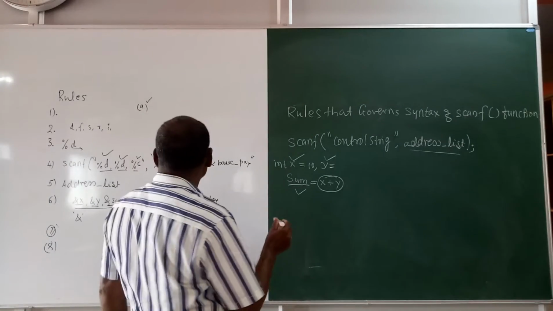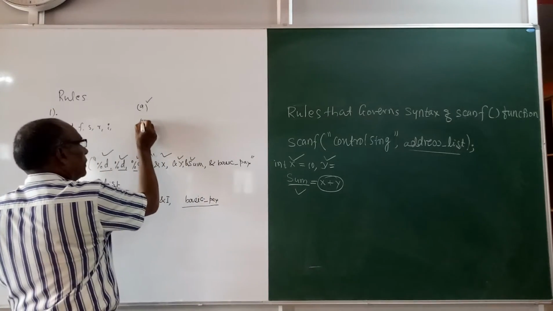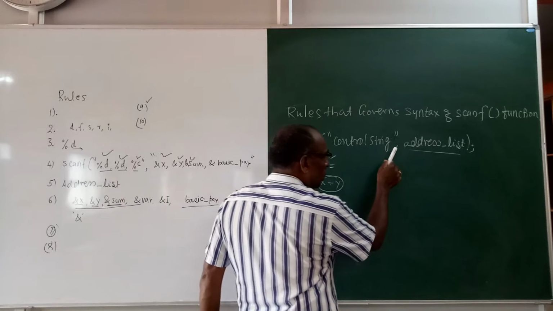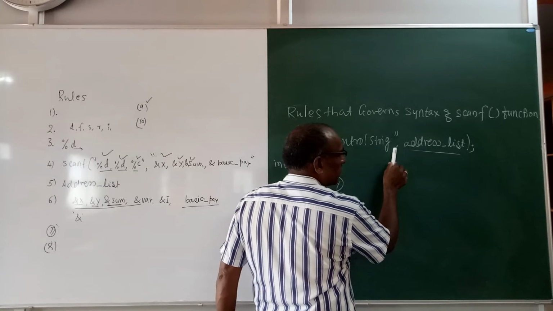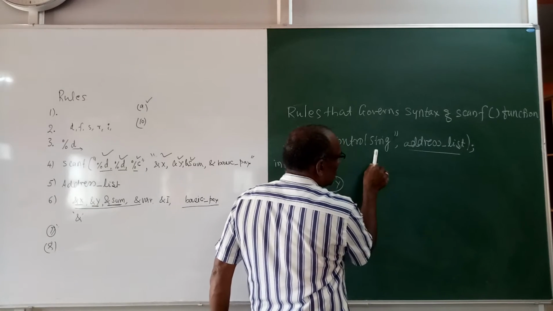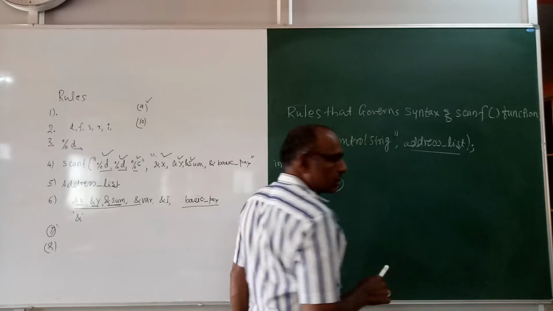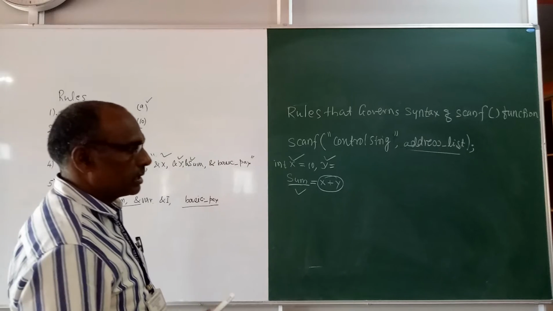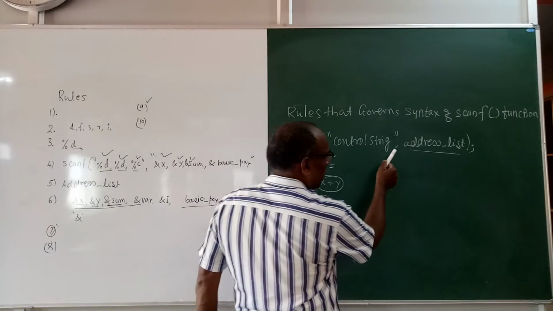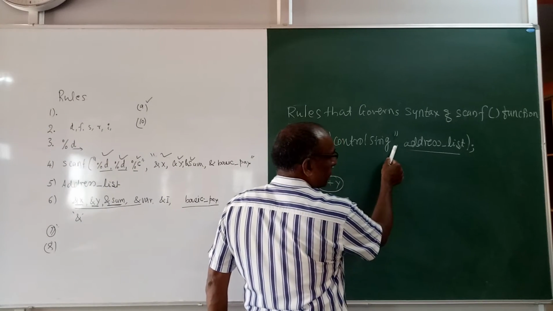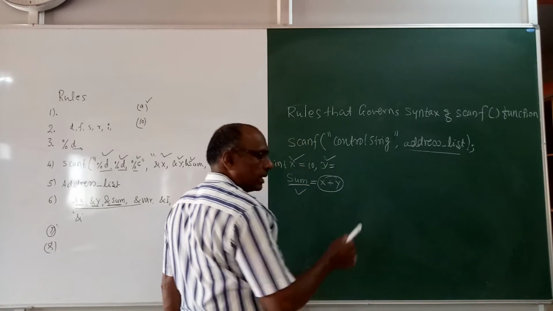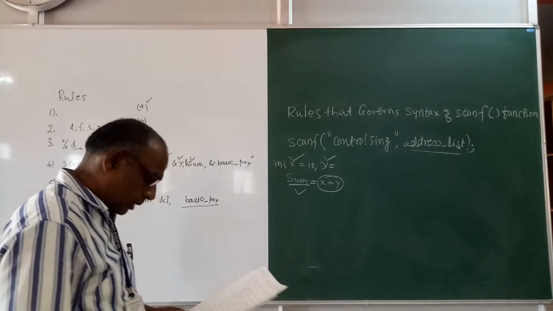Don't forget, that is rule number 10. Don't forget to write a comma as a separator between the control string and the address list. The control string and address list must be separated by a comma, and we should write the comma, otherwise the format will show an error in the program.